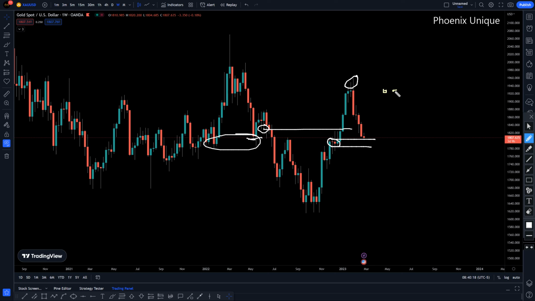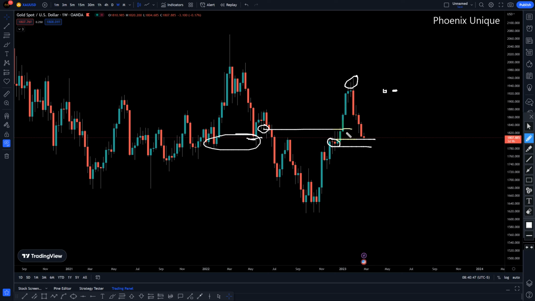Now I'm taking the concept from Raja Banks. People underrate Raja Banks, but that guy drops rare gems all the time. People just try to abuse the message because they hate the messenger, but the message does not invalidate itself. It is verifiable and is a fact, which is you can use the body of candles to know volume.